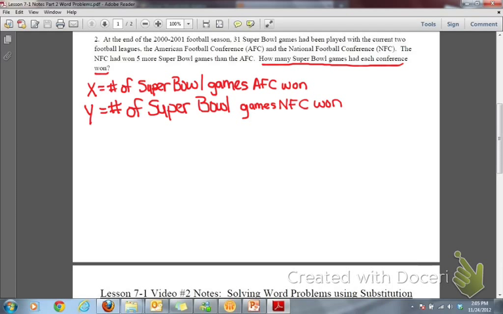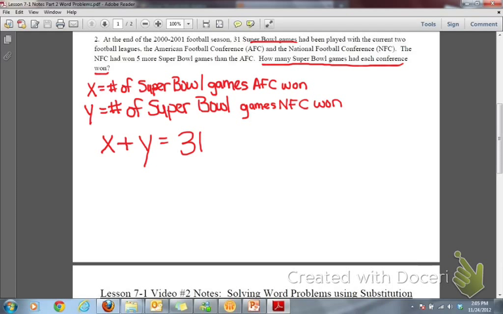So we know that altogether there were 31 games. So however many games the AFC won, X, plus however many games the NFC won, Y, equals 31. There were 31 games altogether. So there's one of our equations.